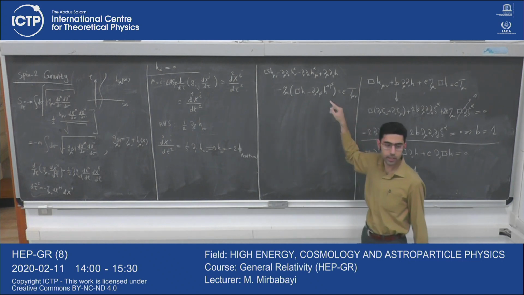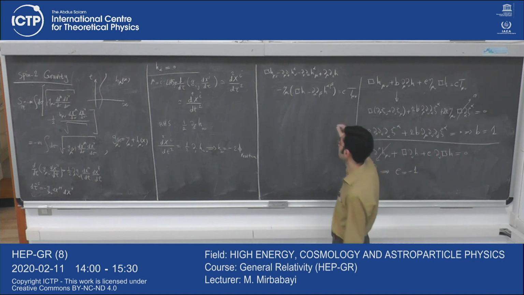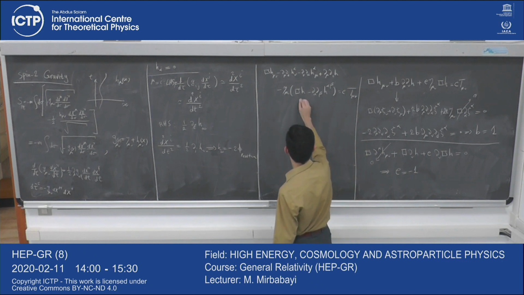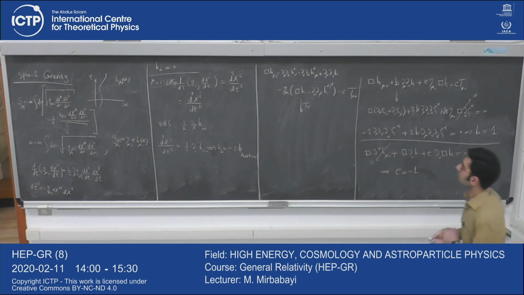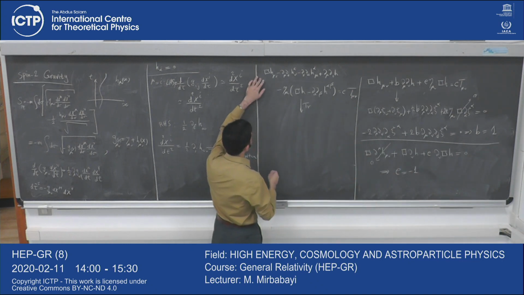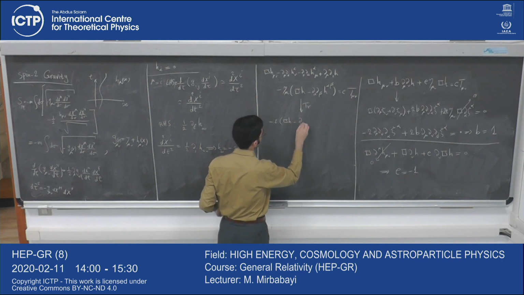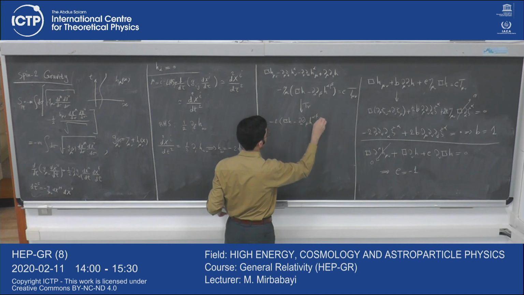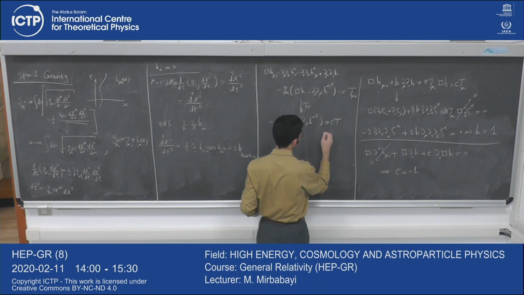And I want to look at the trace of this equation. Again, the trace in the non-relativistic limit is dominated by the 0,0 component. So let us take the trace of this. If I take the trace of this equation, what I get is minus twice box h minus ∂_α ∂_β h^αβ equals c times trace of T, which in the non-relativistic limit is minus T_00.